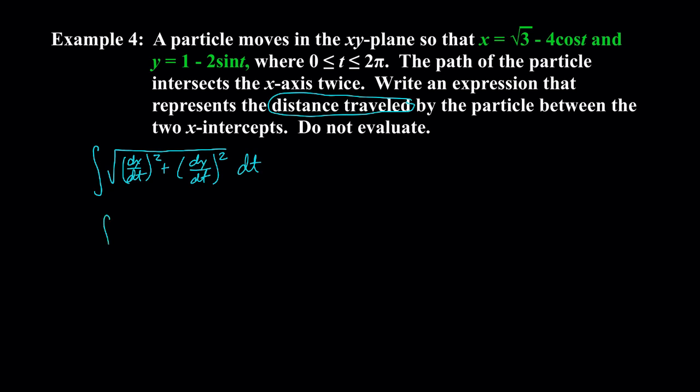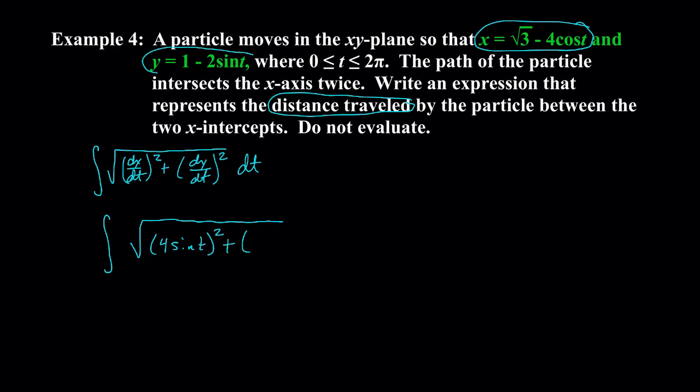If we think about what we've got here, dx/dt is going to be the derivative of this, and the derivative of that is going to be positive 4 sine of t, and we got to square this. And then the derivative of y with respect to t is going to be negative 2 cosine of t squared dt.